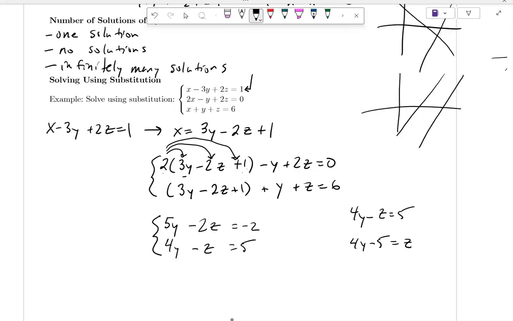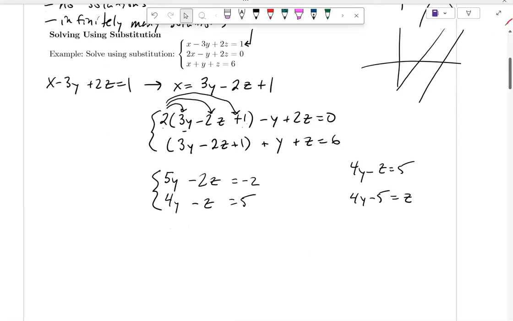So I want to take this and plug it into the first. I want to plug it into the other one, right? If I plug it into the same equation, you're going to get 0 equals 0. This is not very helpful in this case. Okay? Plug it into the other equation. We would have 5y minus 2 times 4y minus 5 equals negative 2.